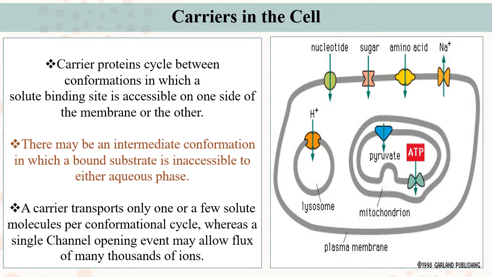Generally, a carrier transports one or a few solute molecules per conformational cycle, whereas a single channel opening event may allow flux of many thousands of ions. Many ions can pass through a channel, whereas through a carrier, comparatively very few molecules can pass.